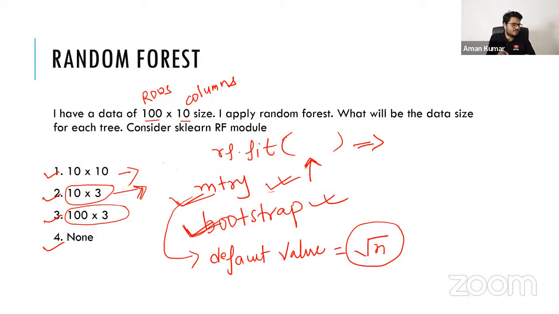Kishan is saying option 3. How? Option 3 is like it will take all the records in all the bags. Is it true for random forest? If I'm having 1 million records, then 1 million records will be taken in all the bags. Is it true?